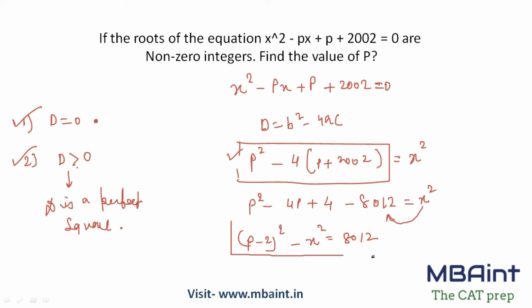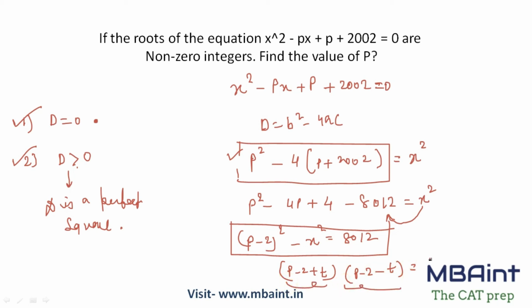Now this is a familiar condition where I know the identity, so there can be two factors, p minus 2 plus x and p minus 2 minus x. This 8012 is the product of these two, so I can split this into 2 times 4006.